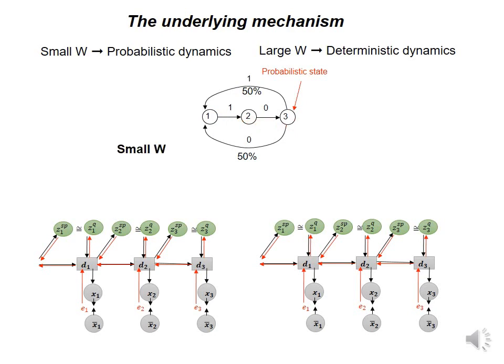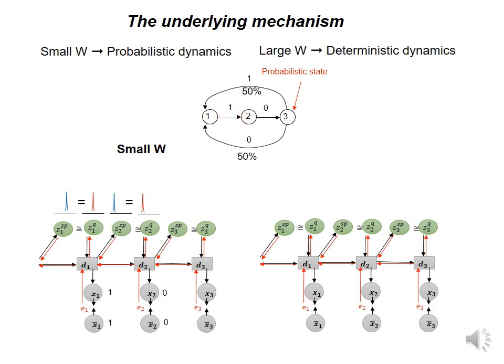In state 1 and state 2, we have a narrow sigma, and the prior and posterior are quite similar distributions. It is the same for the state 2 transition. This is deterministic because the transitions here are deterministic, so this is okay.